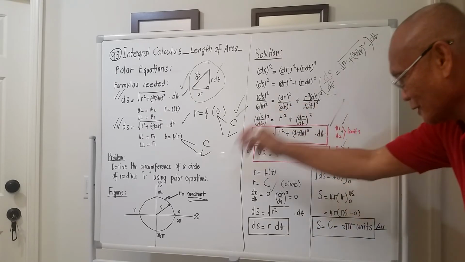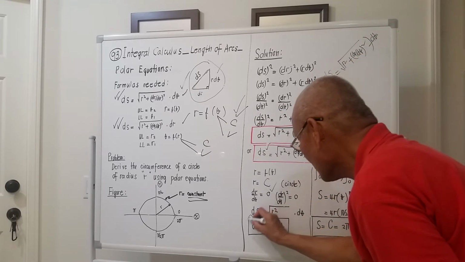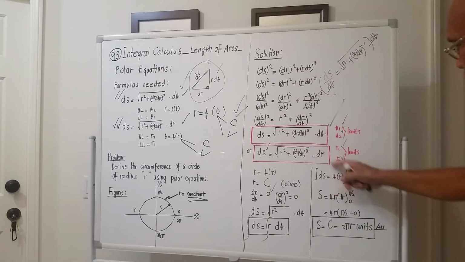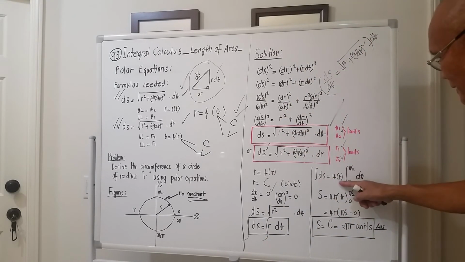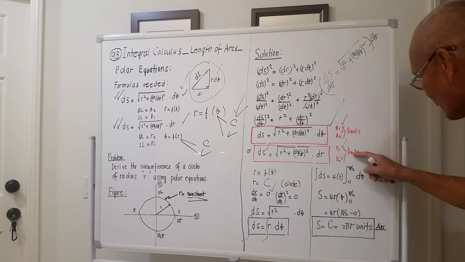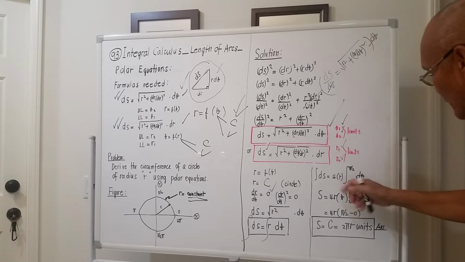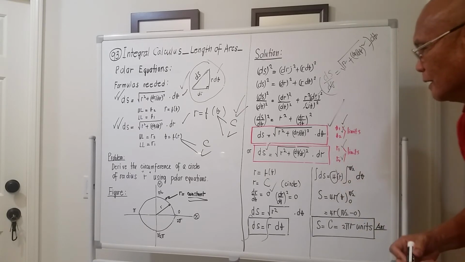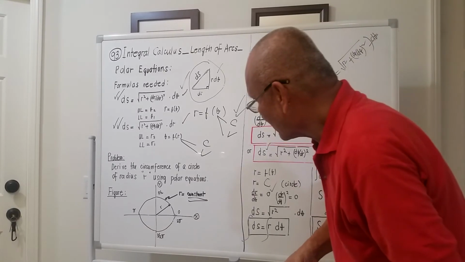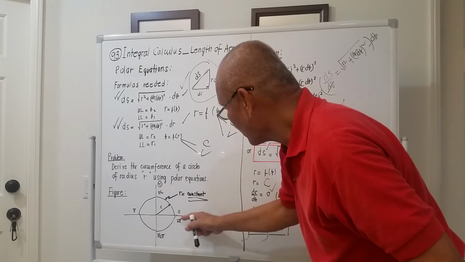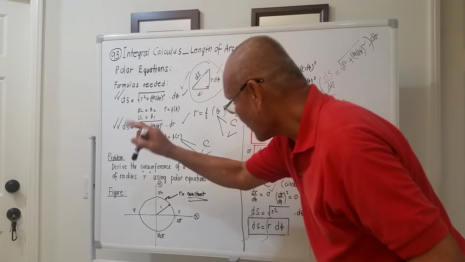To take the total circumference, integrate both sides. The integral of ds equals r, I am following this, the integral from 0 to pi over 2 of differential theta, and I will place times 4 over here. For the circumference of the circle, we will just take 1/4, that will be from 0 to pi over 2, then times 4.